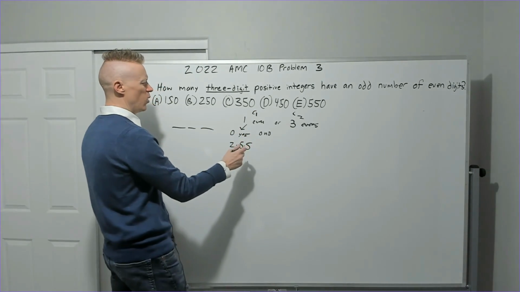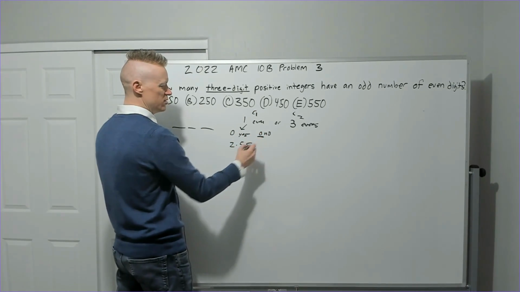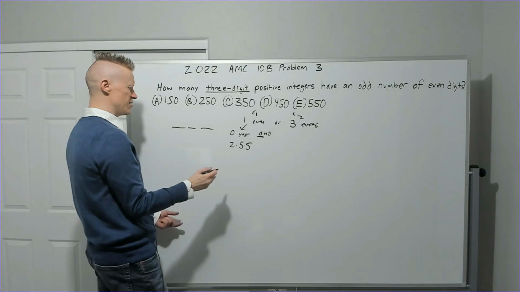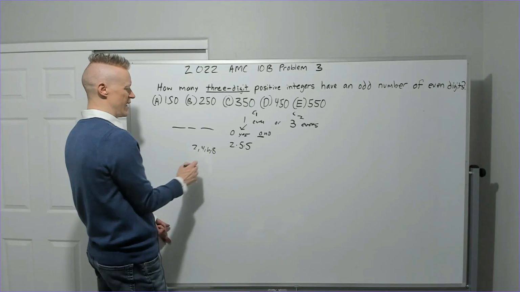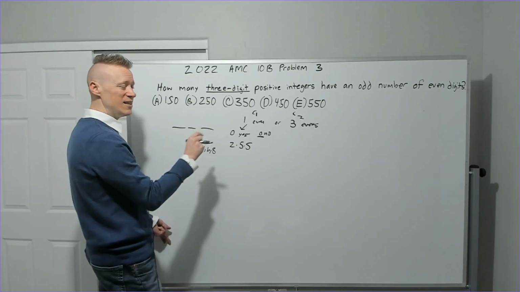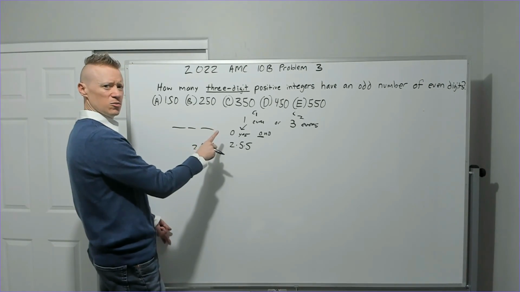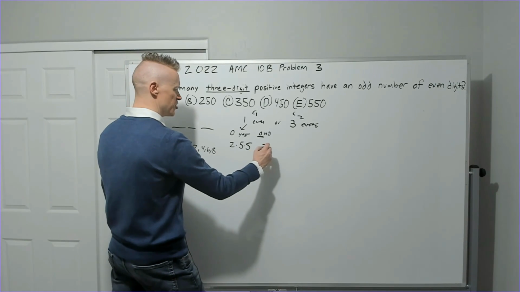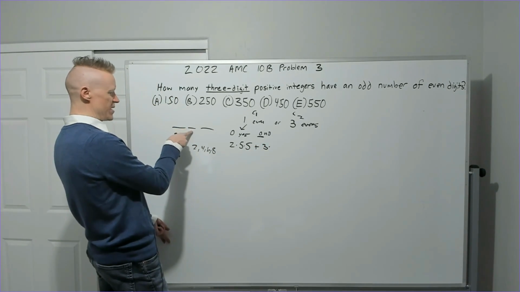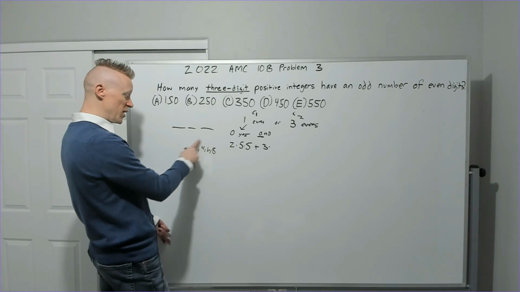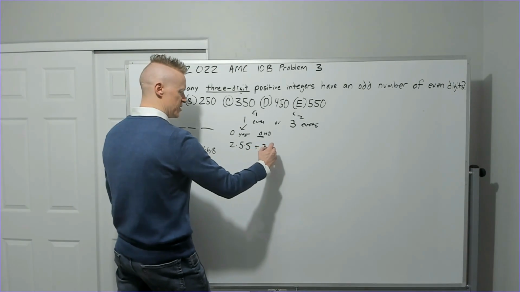So then, what if there is no zeros involved? Okay, so if there's no zeros, there must be a 2, a 4, a 6, or an 8 to be the one even number. Where's it going to go? Well, where it goes will be 3 choices. Okay, that's the choice. Let's say I put it in the middle position, and then I have to choose which one it is, and there's 4 choices for that.